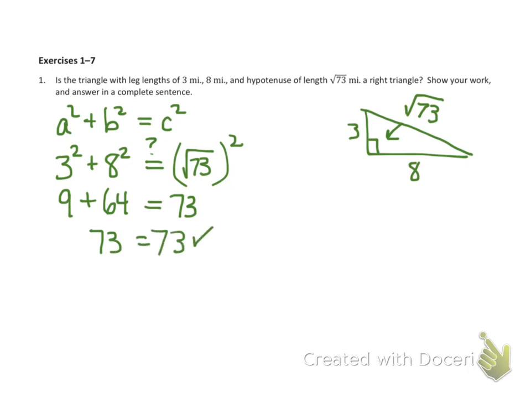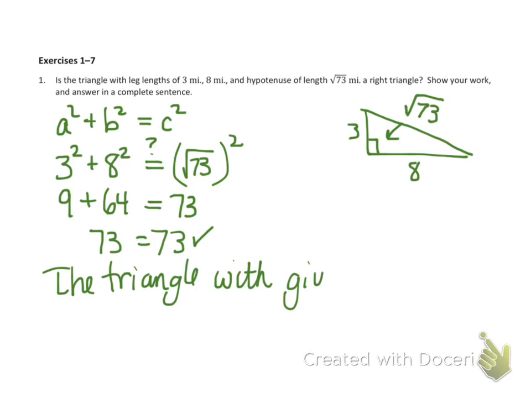So we could say the triangle with given leg lengths, I'm answering in a complete sentence here, is a right triangle.